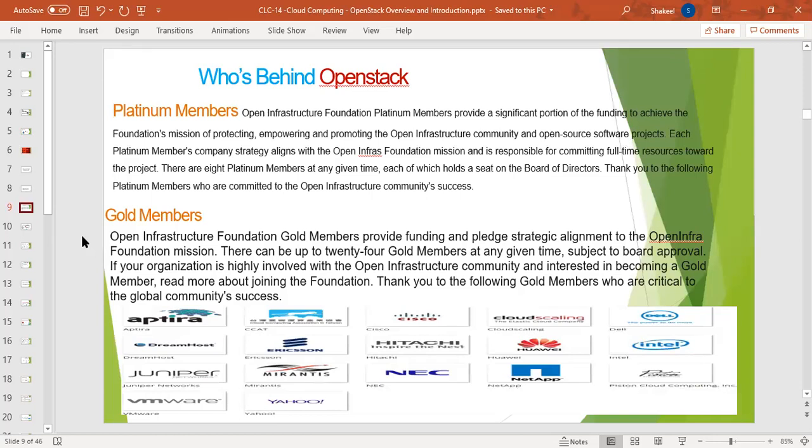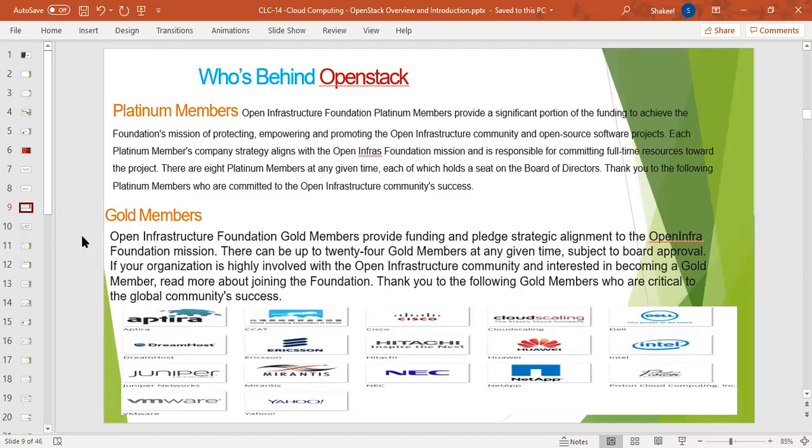There are two types of members in OpenStack. One category is platinum members and the other is gold members. Open Infrastructure Foundation platinum members provide a significant portion of the funding to achieve the foundation's mission of protecting, empowering, and promoting the open infrastructure community and open source software projects.